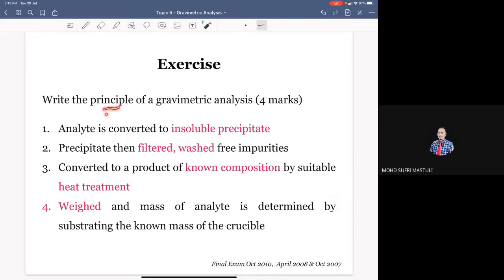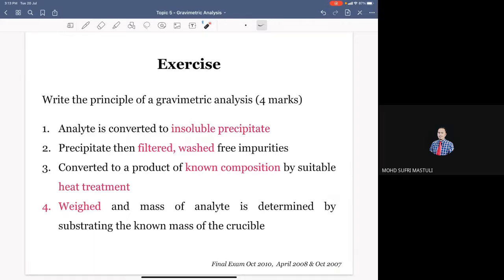principle of gravimetric analysis. If you still remember the first video on the gravimetric method, I talked about the steps for a successful gravimetric analysis. First, you have to identify the insoluble form of the analyte, and then you have to separate or filter it.